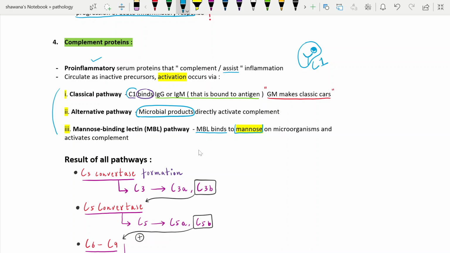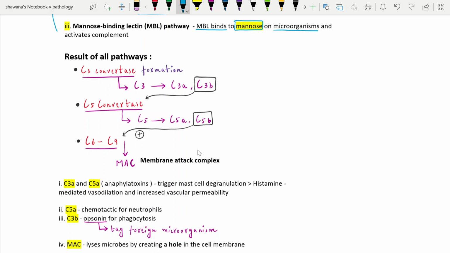Let's discuss the result of these pathways. Whether the classical pathway is running, or the alternative, or the mannose-binding lectin pathway, all these pathways have the same result. They are going to produce C3 convertase. C3 convertase is going to convert C3 to C3a and C3b.